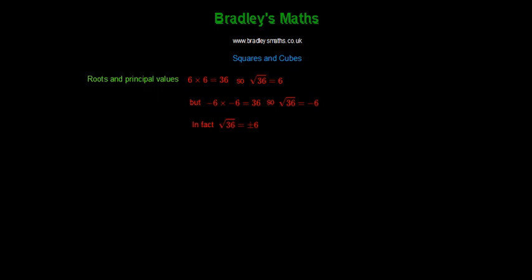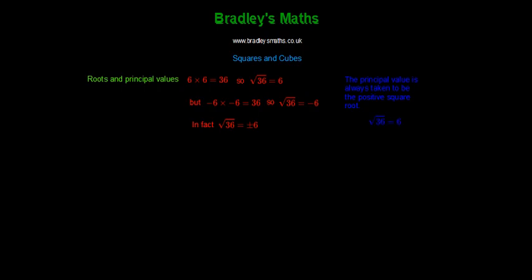So what do you give as an answer? Do you always give plus or minus 6? Well, there are times when the -6 doesn't actually exist. For instance, a length cannot be -6 centimeters. So no, you don't always give plus or minus 6. The principal value of a square root is always taken to be the positive square root.